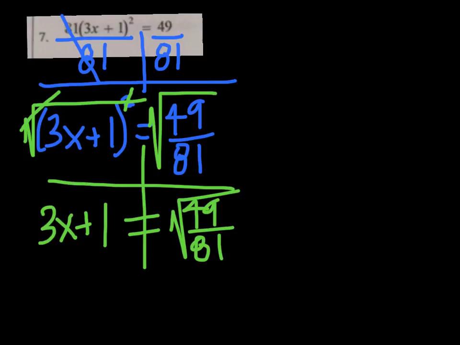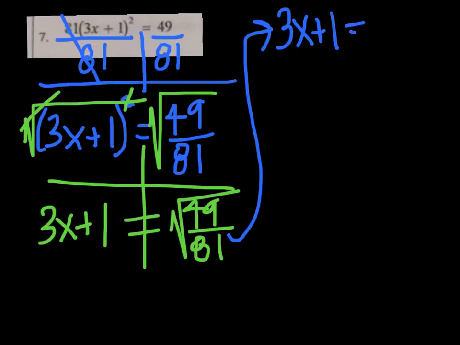Because the square root of 49 and the square root of 81 are perfect squares, now we can simplify the square root. We're going to go up here and rewrite it. So we've got 3x plus 1 equals, and the square root of 49 is 7, and the square root of 81 is 9.